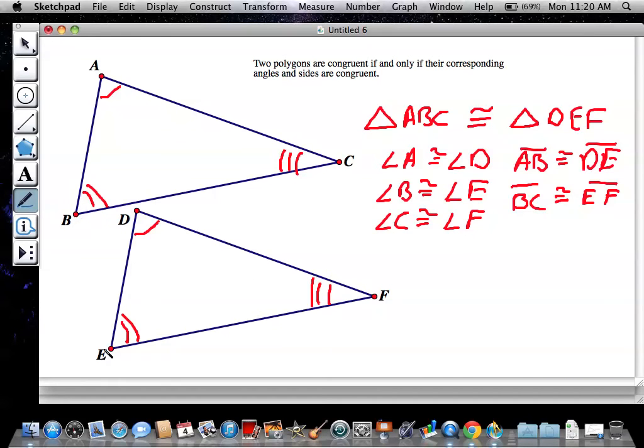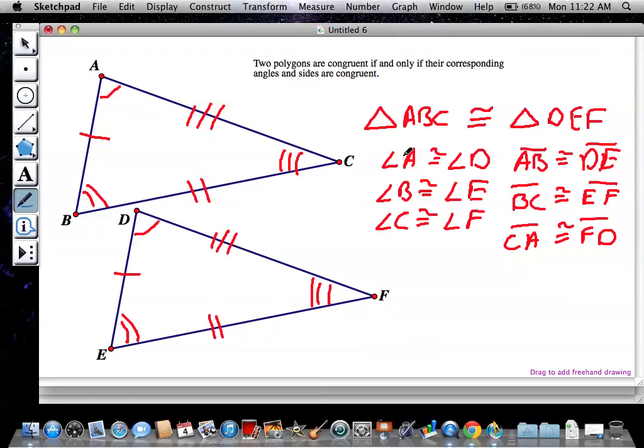CA is congruent to FD. Okay? So the corresponding parts are congruent if the triangles are congruent. So AB, DE congruent, BC congruent to EF, AC congruent to DF.